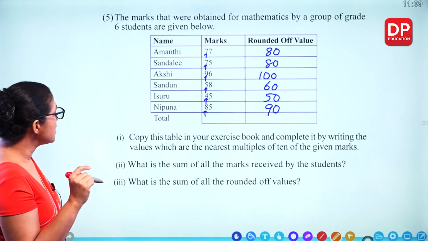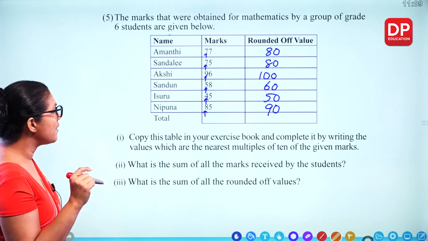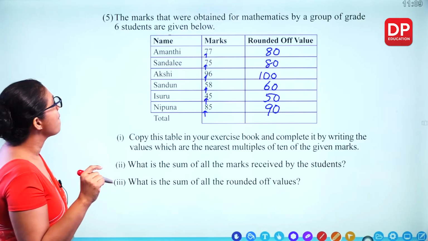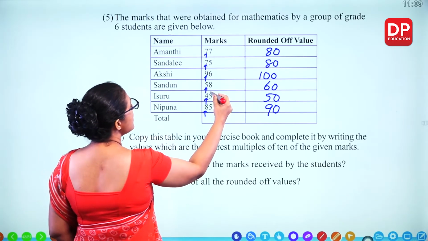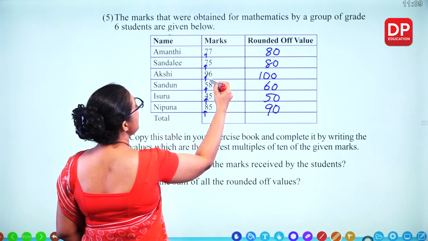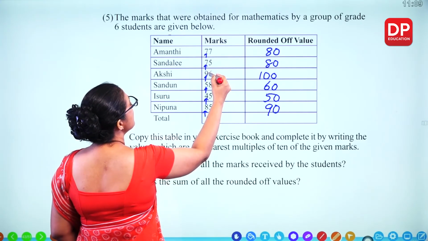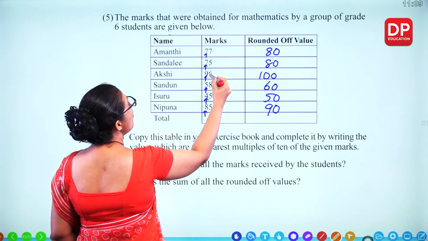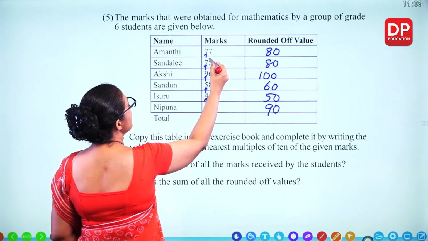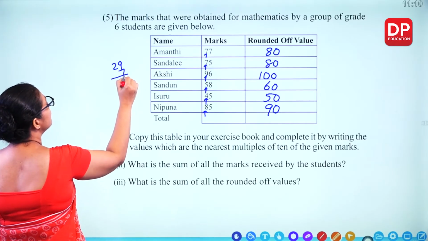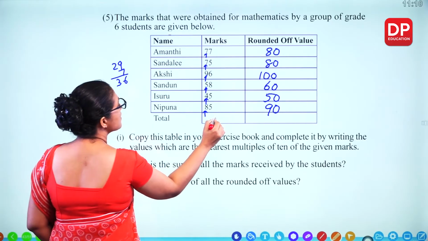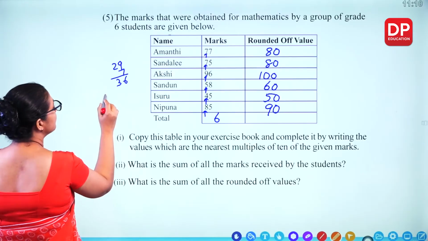Then, what is the sum of all the marks received by the students? This total they are asking. 10, 18, then 24, 29. 29 plus 7, 36. 3 remaining.